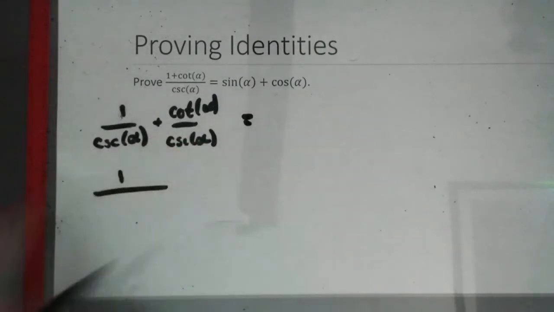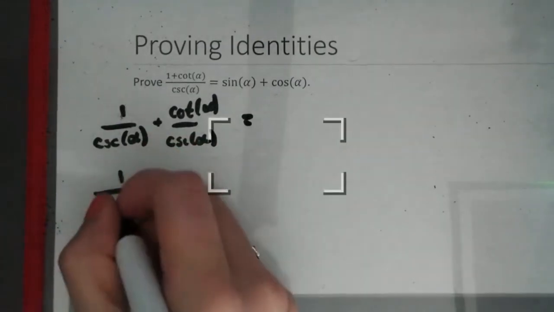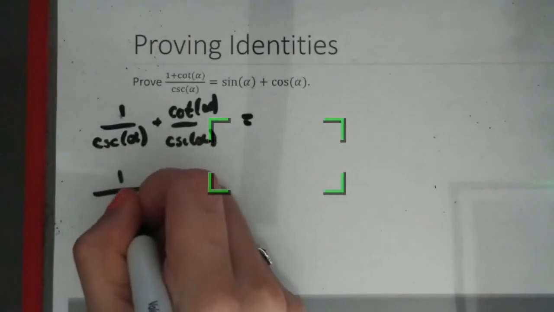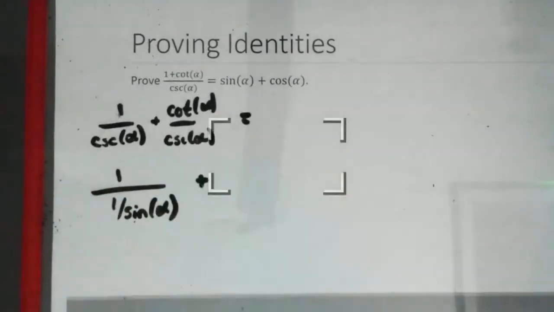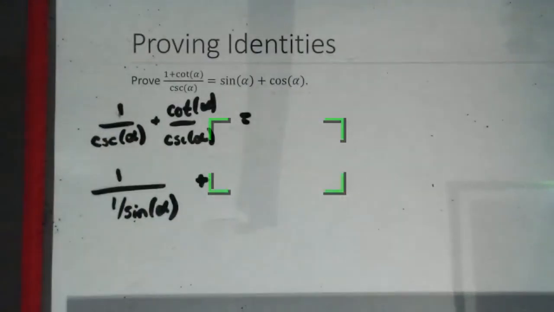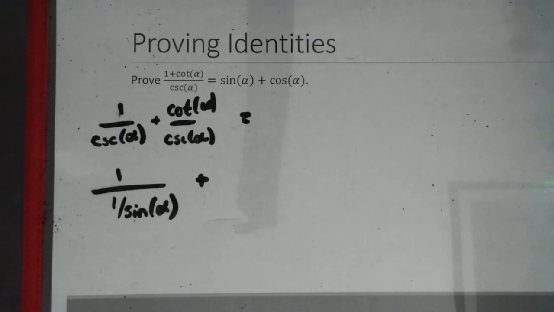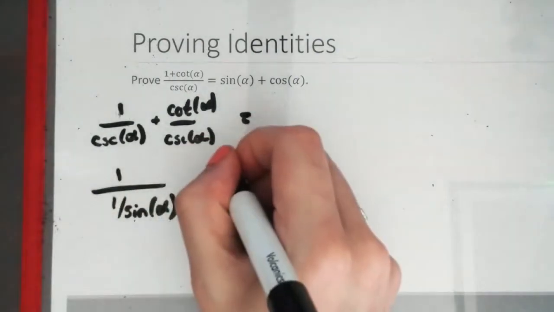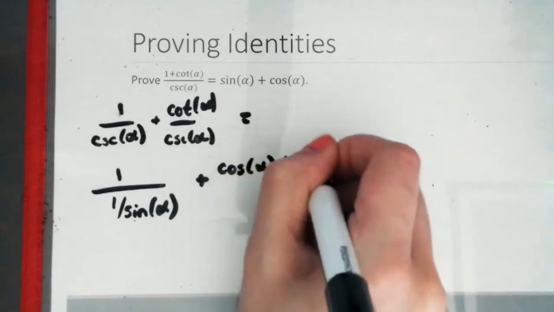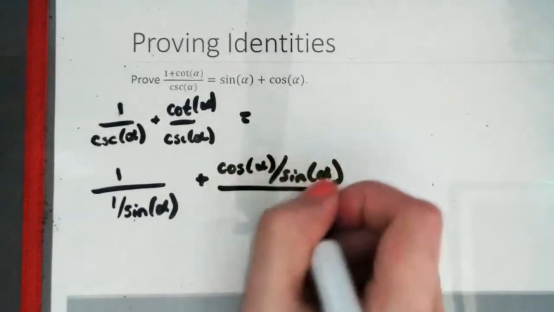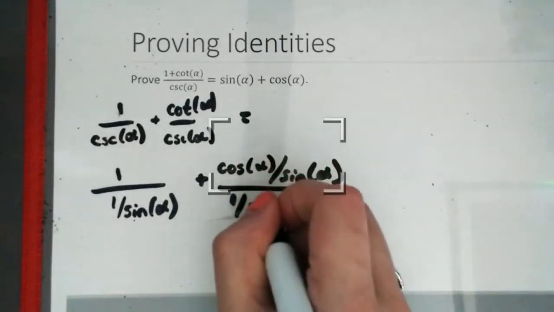So that's 1 over. The cosecant of alpha is 1 over sine. So it's 1 over the sine of alpha plus cotangent, which is the reciprocal of tangent, and that meant that it was cosine over sine. So we get the cosine of alpha over the sine of alpha, and we said that cosecant is 1 over the sine of alpha.